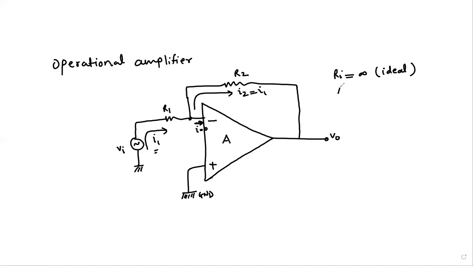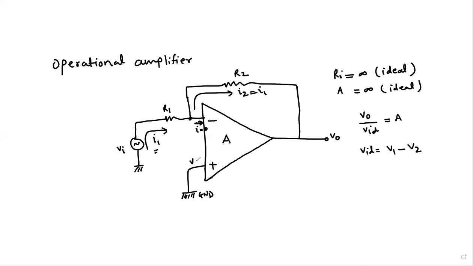And the gain of the operational amplifier is considered to be infinity. So what does that mean? We know from the previous module that the output divided by the input VID is nothing but the gain, and VID is the difference between the two terminals, V1 minus V2.